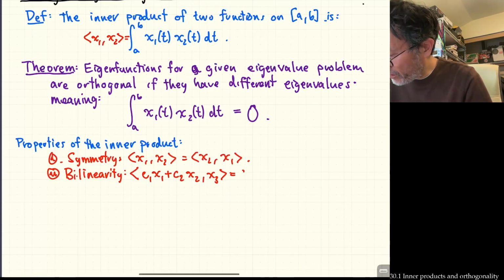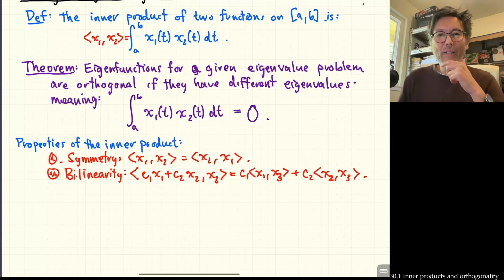So this was c1 times the inner product of x1 with x3, plus c2 times the inner product of x2 with x3. I vaguely know what I'm doing.